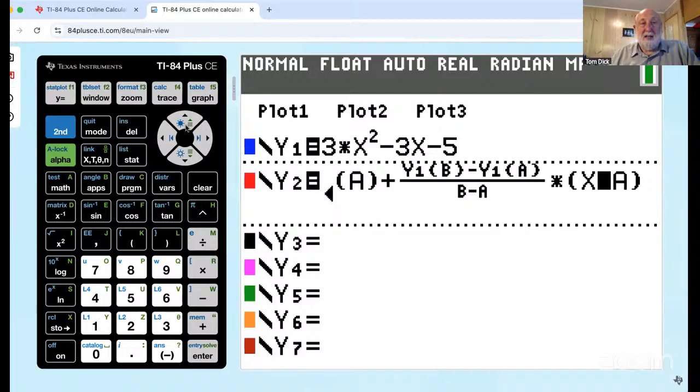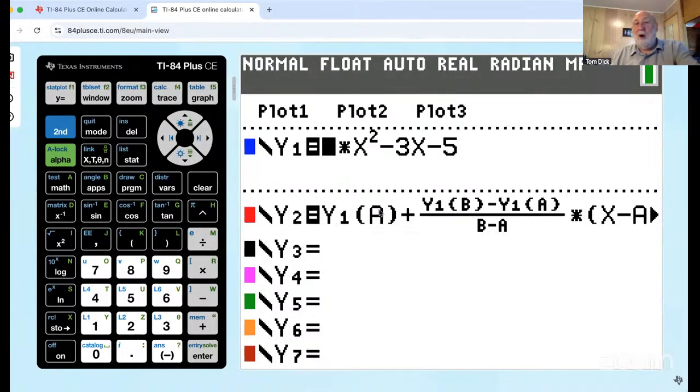If I put in x equal B, then I'll have a B minus A in the denominator of my slope expression, and a B minus A factor over here. Those will cancel, and I'm going to end up with y1 of A plus y1 of B minus y1 of A. Well, that'll be y1 of B. So it's guaranteed to go through those 2 points at the right places.